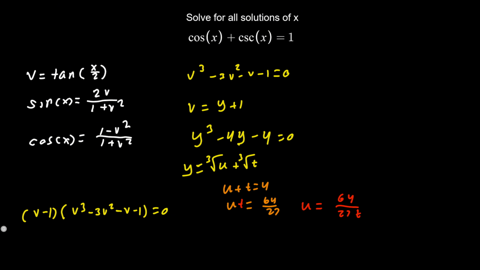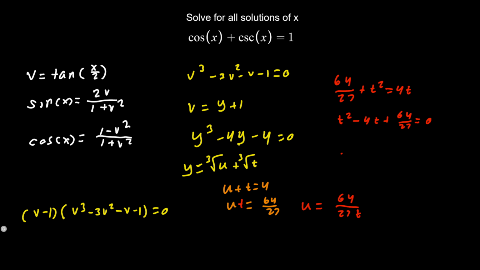And what we will do now is plug u into the first equation, which gives us 64 over 27 plus t squared is equal to 4t, and t squared minus 4t plus 64 over 27 equals 0.